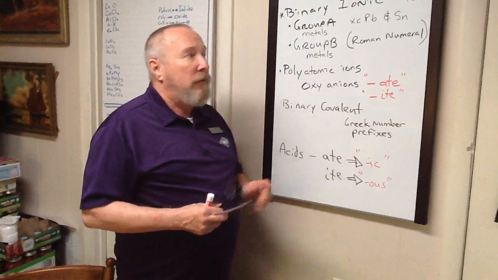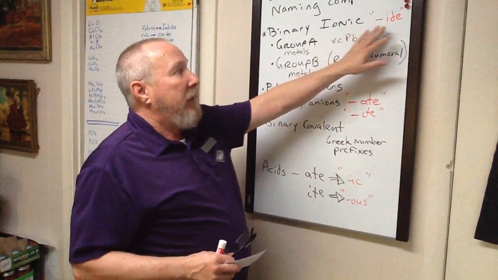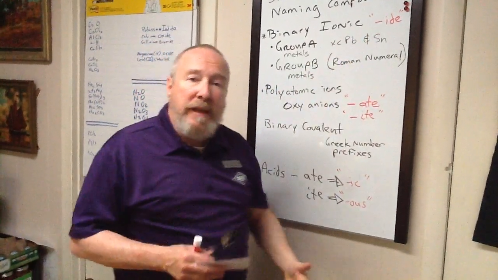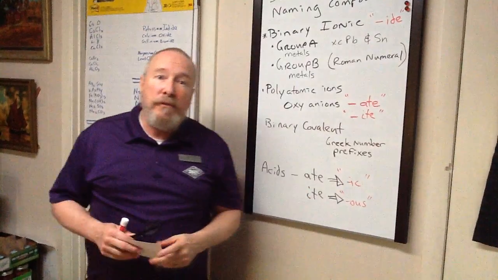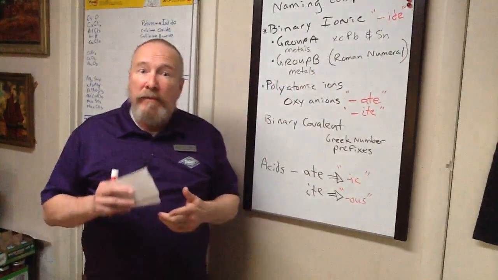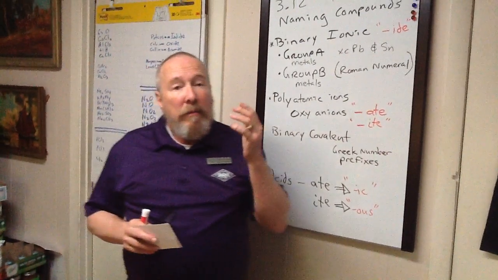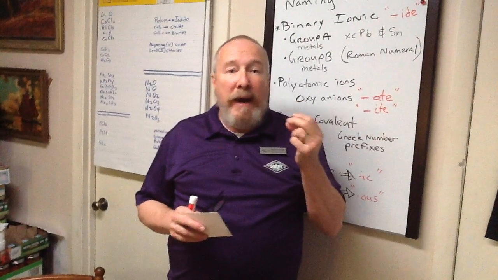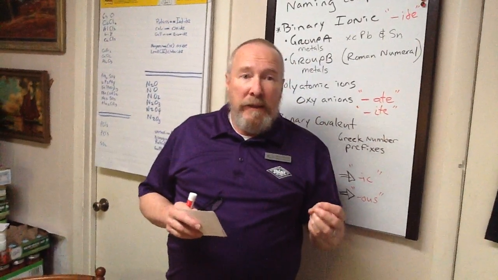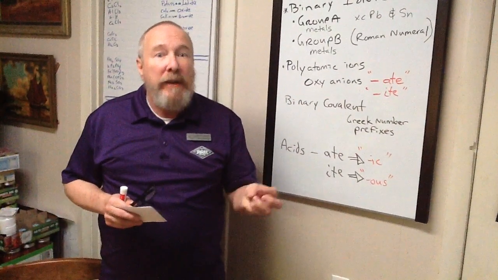Well, the rule is, when you have a binary ionic compound, the anion, you drop the ending and you change it to ide, I-D-E. So we'll have not chlorine, bromine, fluorine, iodine, and astatine, but we'll have bromide, chloride, fluoride. Iodide.